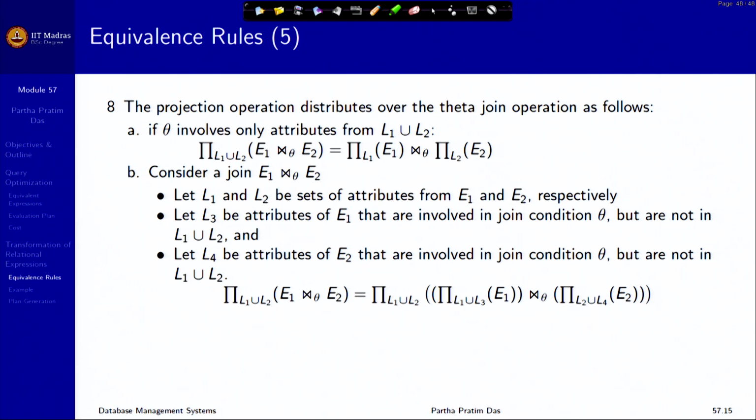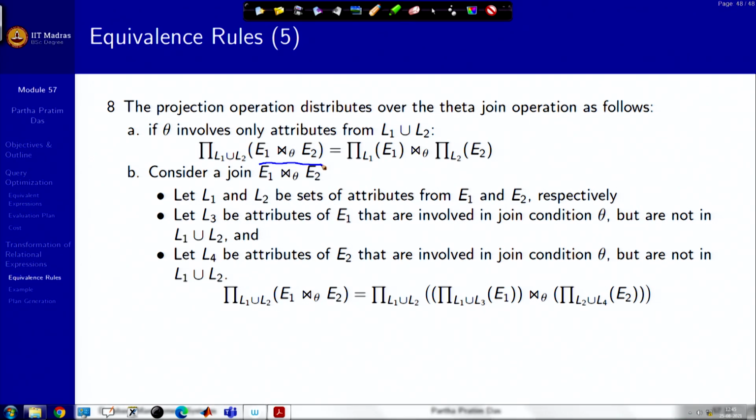Projection operation distributes over theta join. How? You have made a theta join and then you are projecting on, say, attributes L1 union L2, where the condition theta involves only these attributes, it does not involve other attributes.